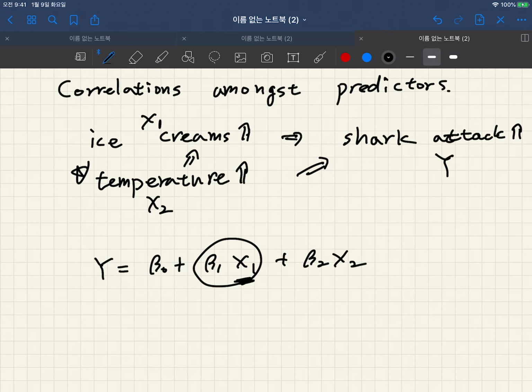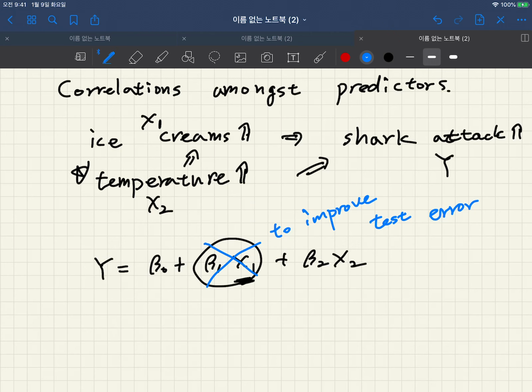It is better to remove beta 1 x1 to improve test error. So when you have multiple input predictors, that is not always good.